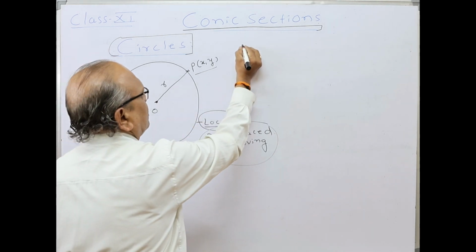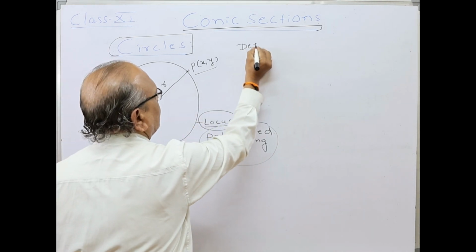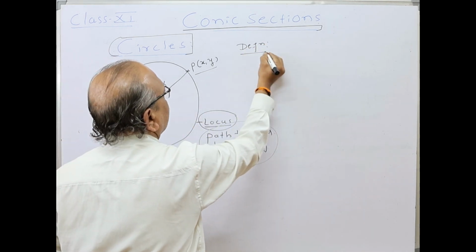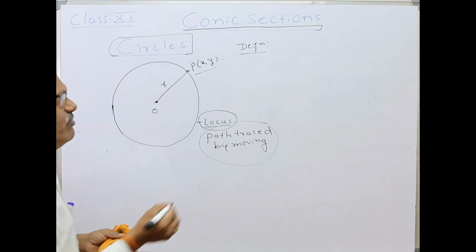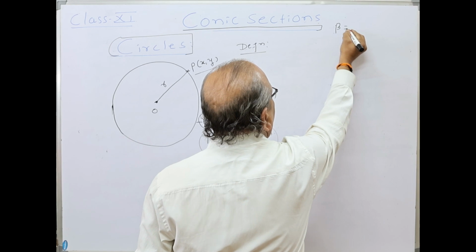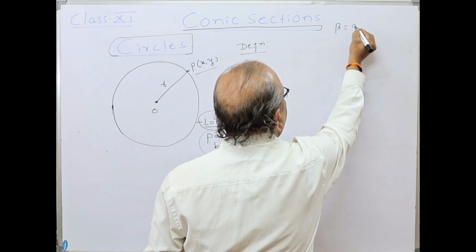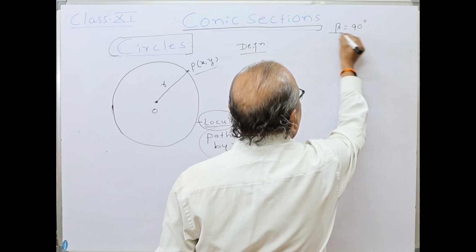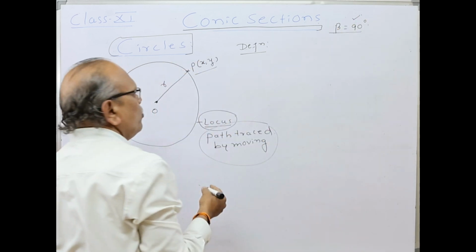Let us define the circle analytically. Just now you studied that a circle is also a section of a cone, which is a special case of an ellipse when beta is equal to 90 degrees. This is geometrical. Analytically, how can we define it?